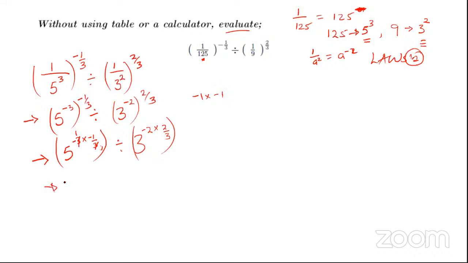So this will be equivalent to 5 to the power 1 divided by 3. Here there is no reduction, so it's negative 2 times 2. Negative 2 times 2 is negative 4 out of 3. So this will be negative 4 out of what?